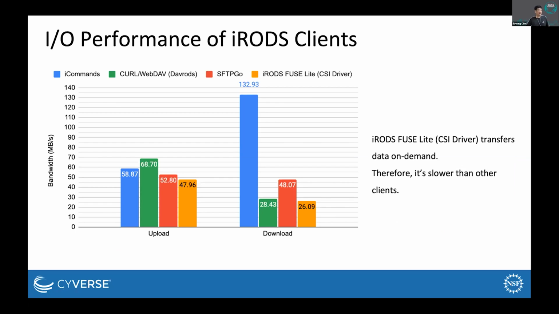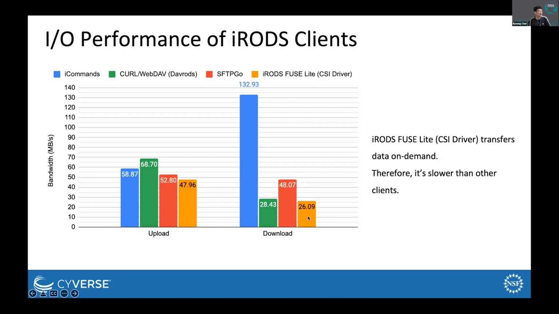Let's see the I/O performance of the CSI driver. Because the iRODS CSI driver uses iRODS Fuse Lite for data access, the performance of iRODS Fuse Lite is the same as the performance of the iRODS CSI driver. The iRODS Fuse Lite in yellow showed reduced I/O bandwidth compared to other iRODS clients, especially for download.